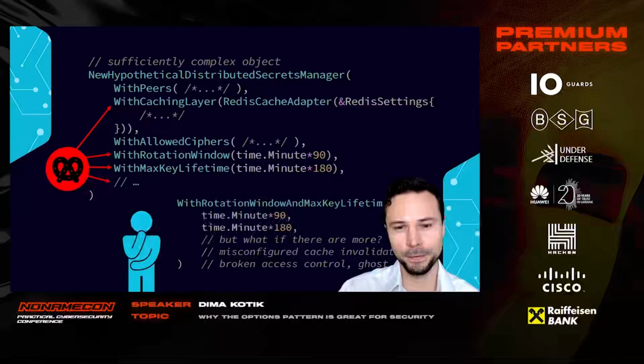But also, the cache configuration needs to account for the rotation lifetimes as well. The max key lifetime cannot be greater than 5 times the rotation window, because then it defeats the whole purpose of key rotation. Those things all have to be accounted for, and we realize all of a sudden it's not just 2 things that are pretzeled, it's at least 3 things and maybe more. What's a good way to handle this with the option pattern?